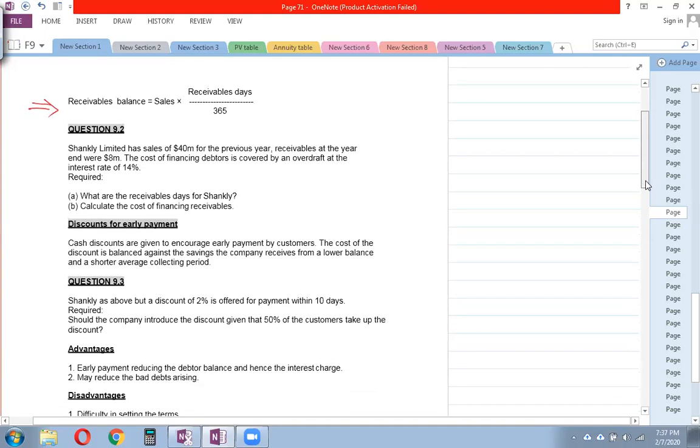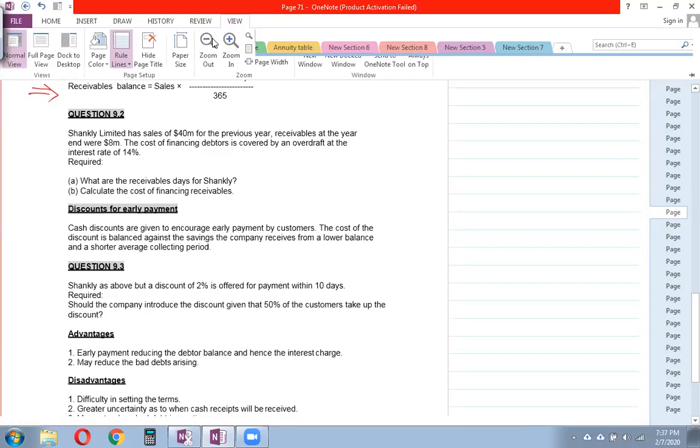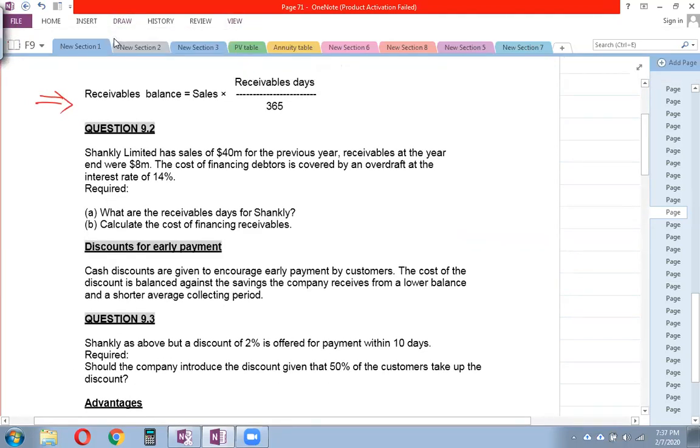It wasn't difficult. Let's see a question so that it makes more sense, right? I have copied this question from somewhere, but it's a good question for learning. Shankly Limited has sales of 40 million for the previous year.